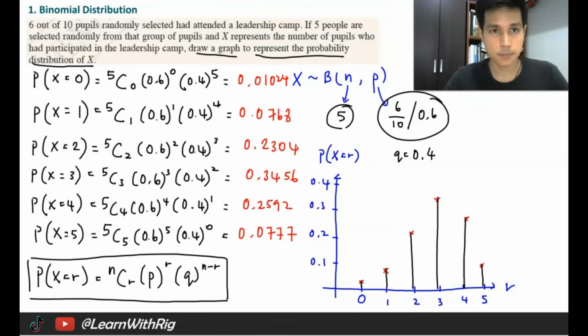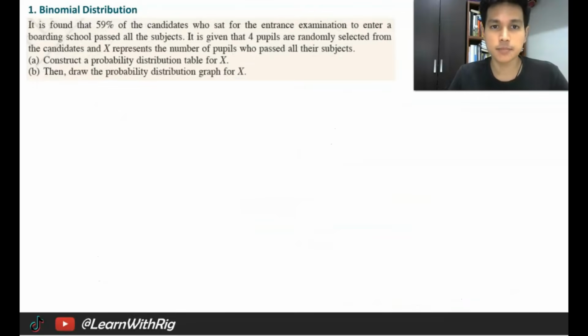Right, let's see next. It is found that 59% of candidates who sat for the entrance examination to enter a boarding school pass all the subjects. So pass all the subjects means the probability of success, because you're looking for that.